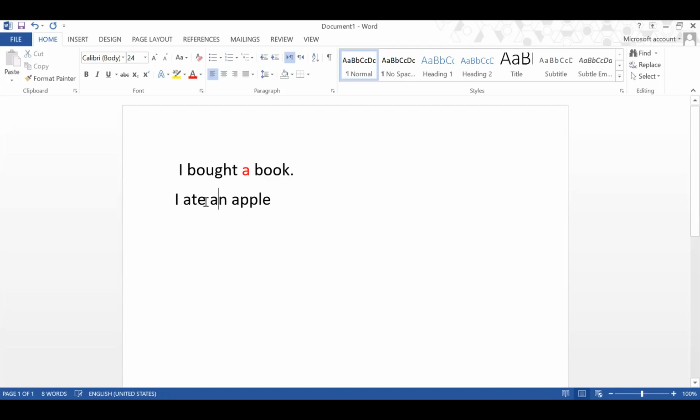Now, why am I using an? Because of four conditions. I'm using the article an under four conditions. The first one, it is followed by a singular countable noun. This noun is mentioned for the first time, and this noun starts with a vowel sound. And the vowel sounds are like a, o, e, i. These are vowel sounds.